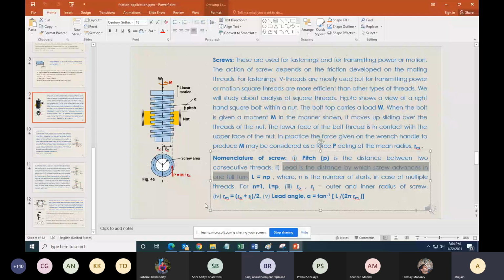Sir, can you explain V threads and square threads, please? In our syllabus, we are only looking at square threads. V threads are a little bit more complicated. From where you are today in your engineering, I think it might be difficult to understand. So for this, we just look at screw threads.